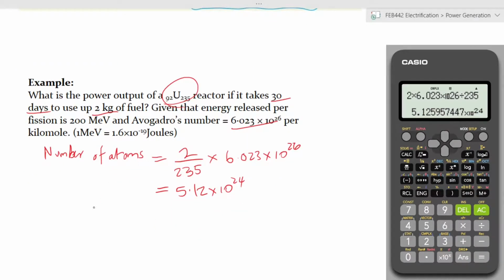Now, the period of fission, that nuclear reaction, is 30 days. The rate, the number of fissions that you have, depends on the number of atoms that are available. Each of these atoms is a potential fission that can take place.